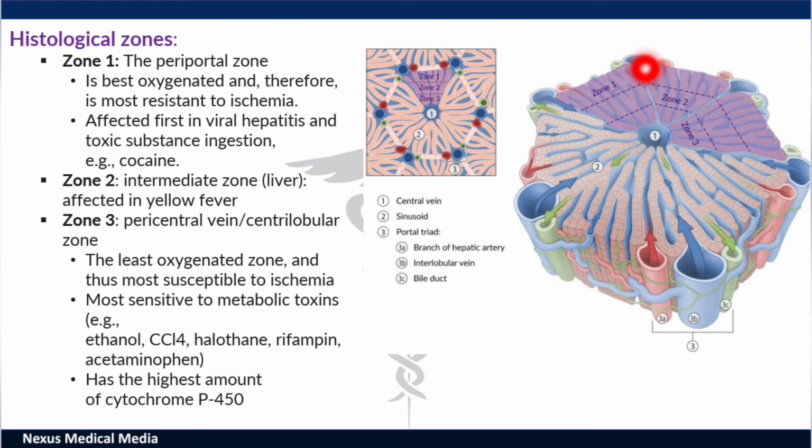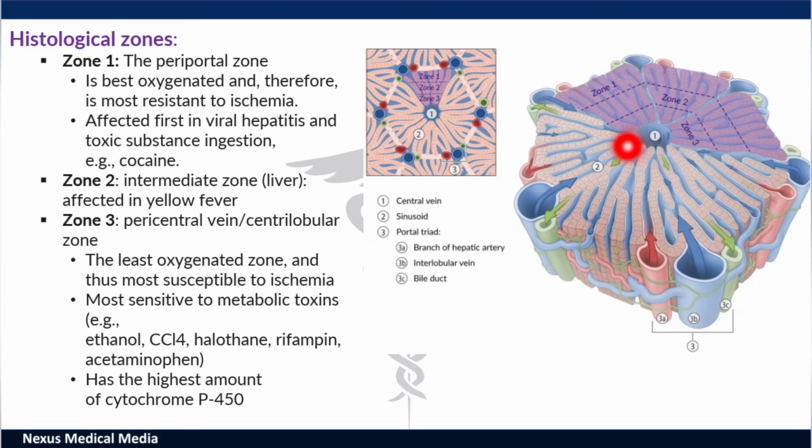Zone 2 is the intermediate zone, and is affected by yellow fever virus. There is a mnemonic that I'm going to give you to remind you the significance of these zones. Zone 3 is actually pericentral, around the central vein, the pericentral vein or central lobular zone.